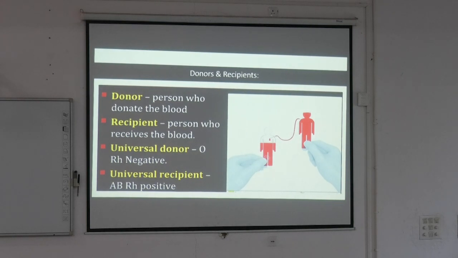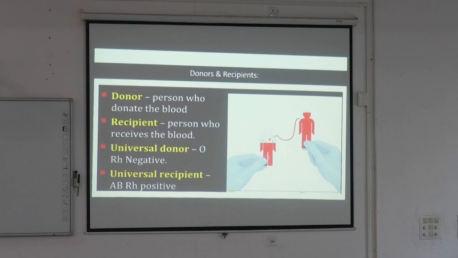Donor and recipient: the donor is the person who donates the blood and gives the packet, a gift. The recipient is the person who receives the blood in an emergency. Universal donor is a very presumptive concept, not often followed nowadays.